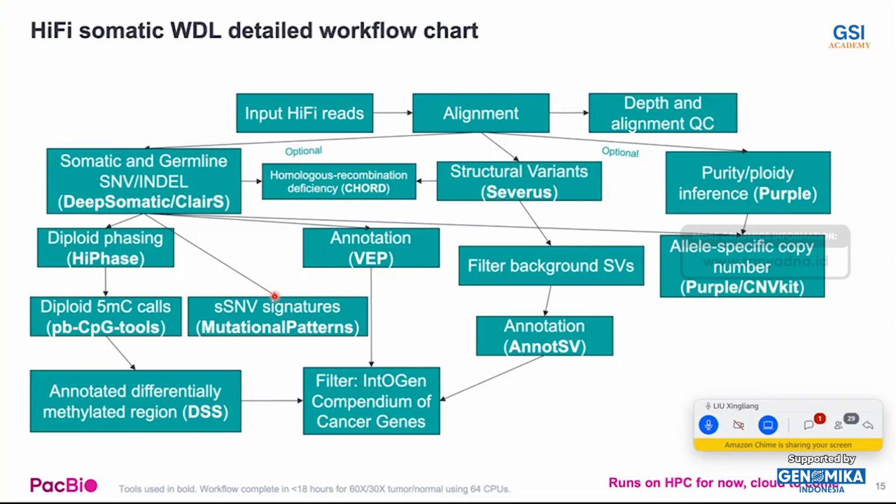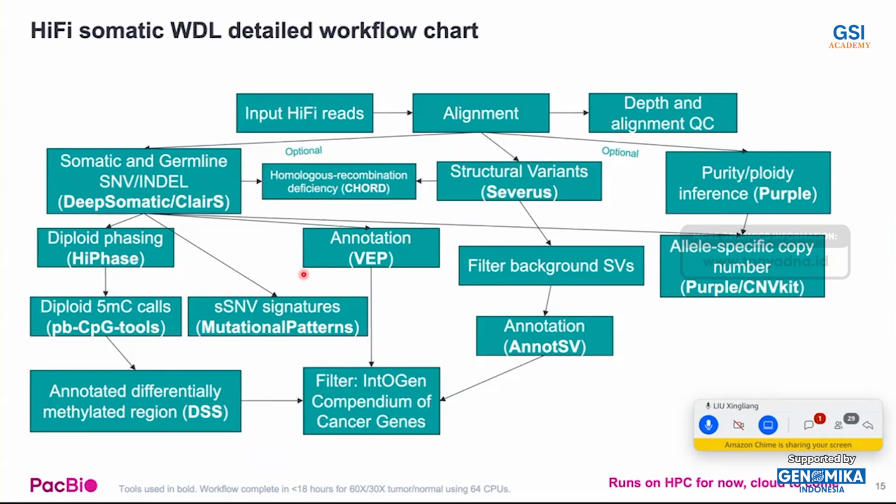The mutational signature helps us investigate the accumulation of mutations and how those mutations eventually lead to oncogenesis in the underlying cancer genomes. Eventually, all of the variants derived from this pipeline will be put through different annotations.